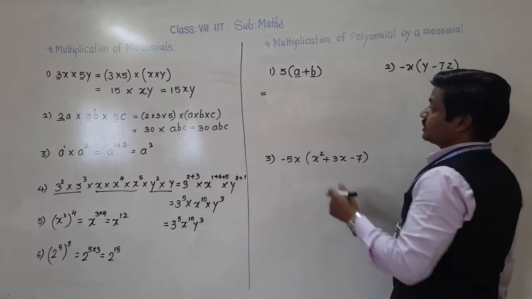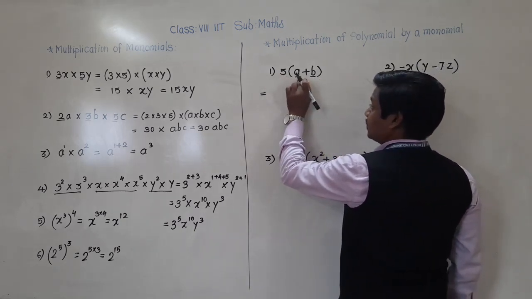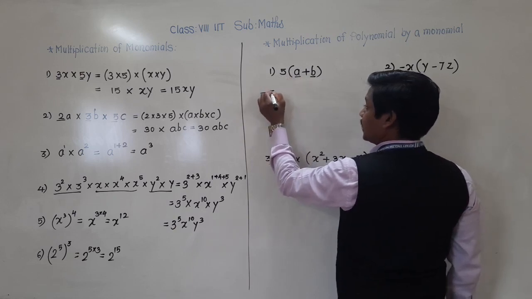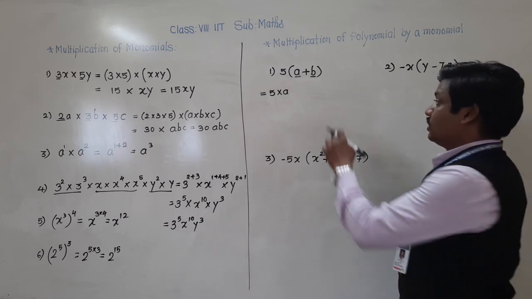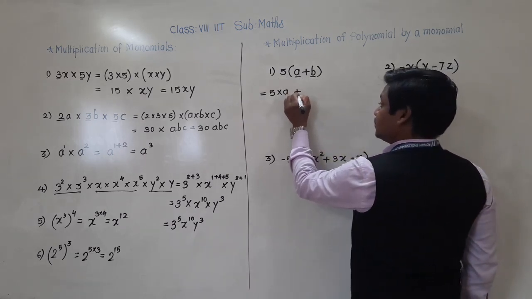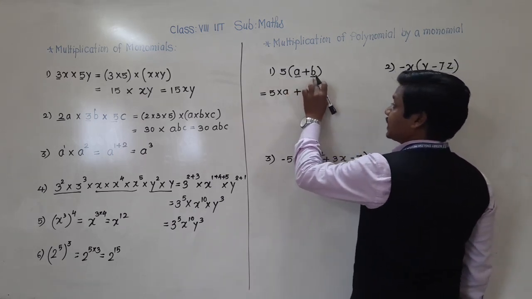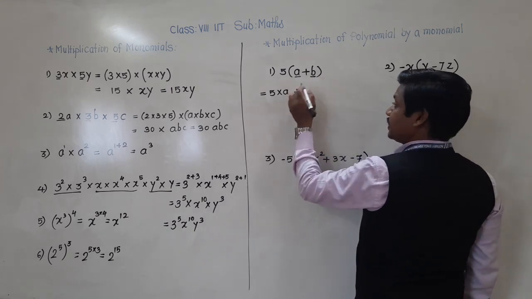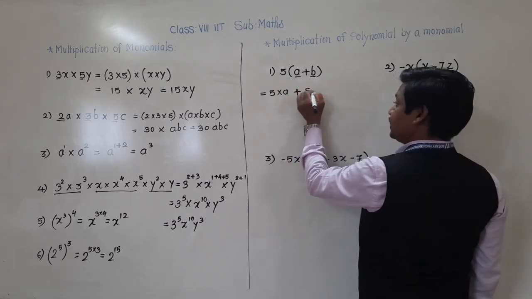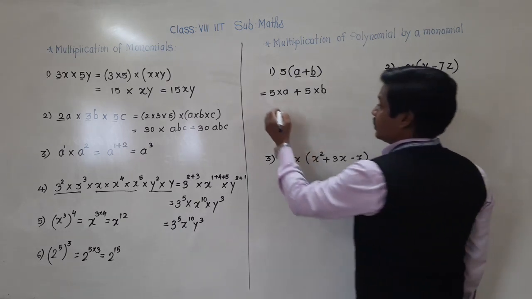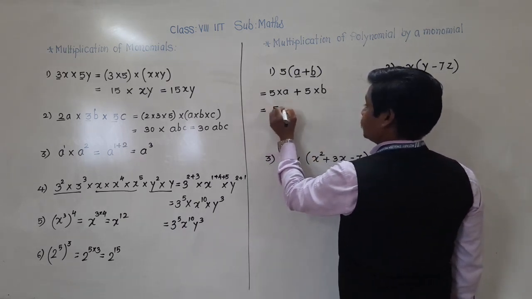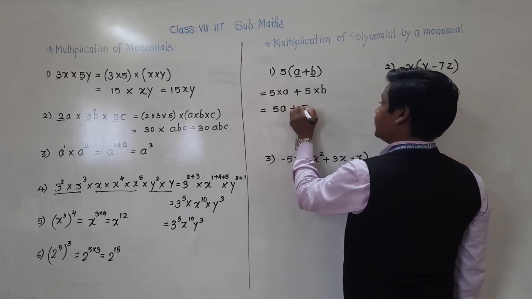So first we multiply the first term of the bracket by 5, that is 5 multiplied by a. Understood? Then write plus here. Now the second term of the bracket multiplied by 5, that is 5 into b. So it is equal to 5a plus 5b.